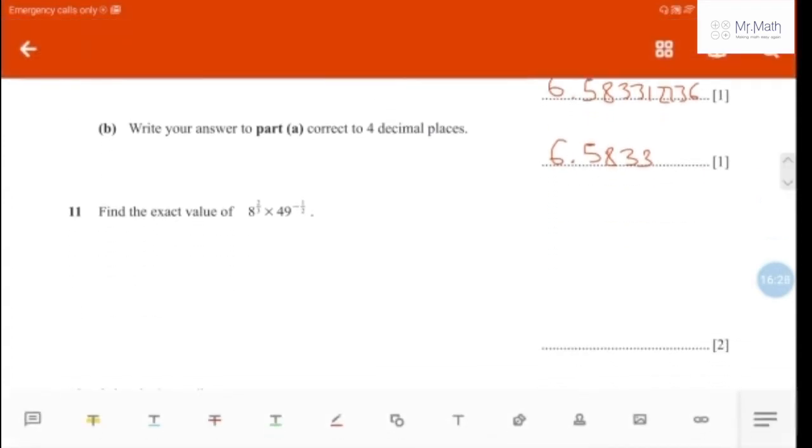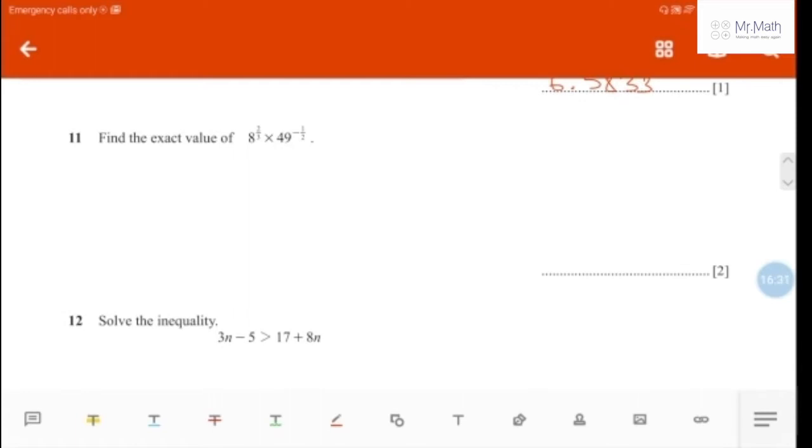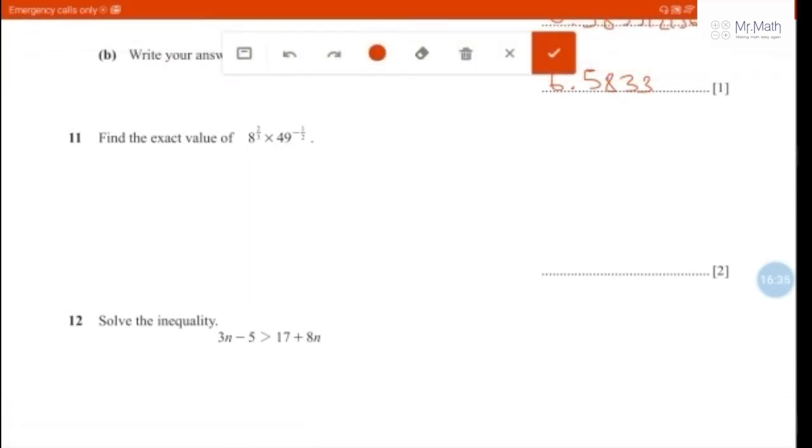Great. So let's move to question 11, and it says find the exact value of 8 to the power of 2 over 3 times 49 to the power of negative half. Now 8 to the power of 2 over 3 is equal to the cube root of 8, all of it squared. The cube root of 8 is 2, so 2 squared is equal to 4.